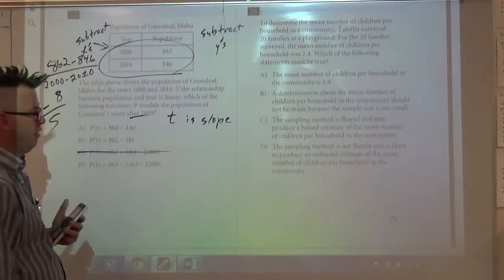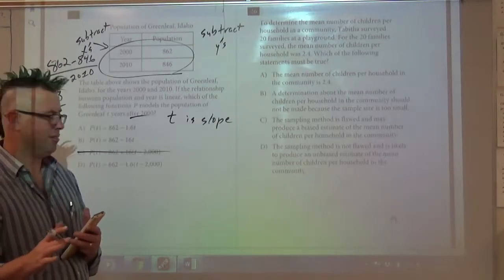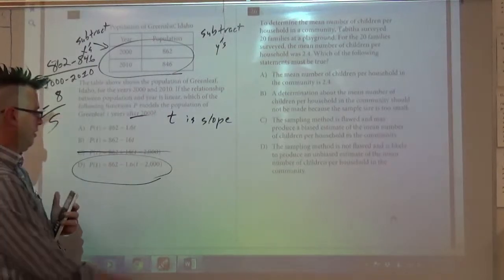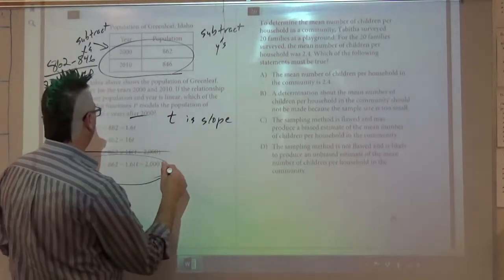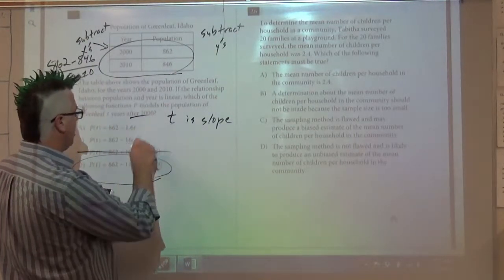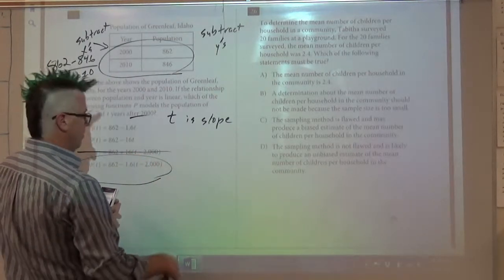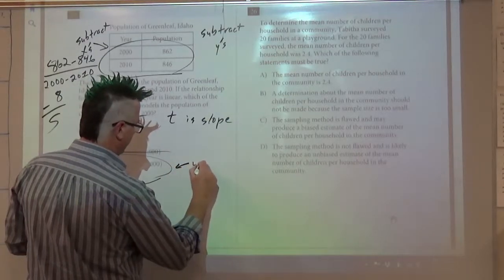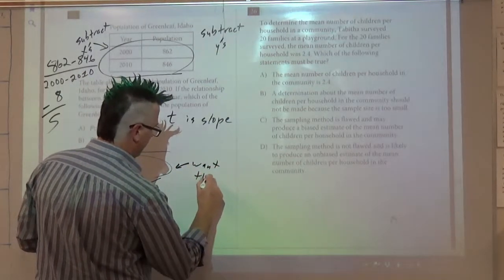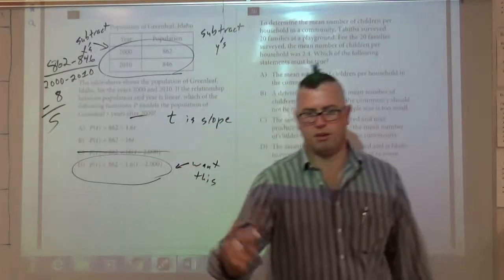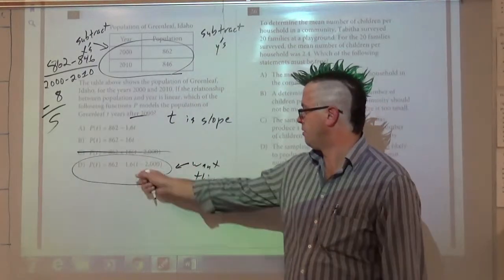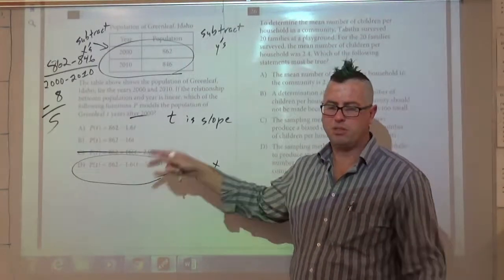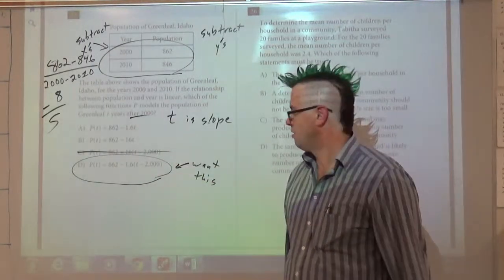Personally, I don't like it, but this is usually the way the tests are built. This minus 2000, well, they said t years after 2000. Some tests want this. Like the STAAR test for the state of Texas, the answer is usually something like this, where they're subtracting out the starting point, which technically isn't really right.